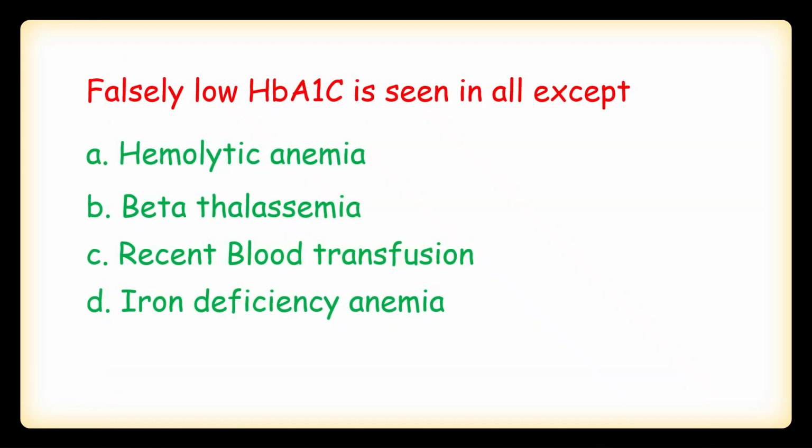With these basic concepts, we are going to find out the falsely low HbA1c seen in all except. HbA1c will be falsely low in all these conditions, and we have to find out in which condition high HbA1c is seen.